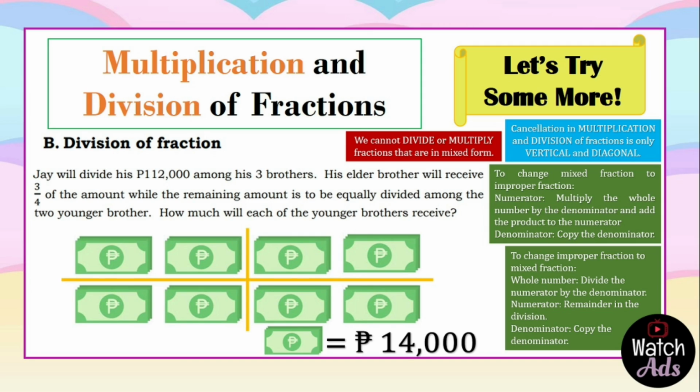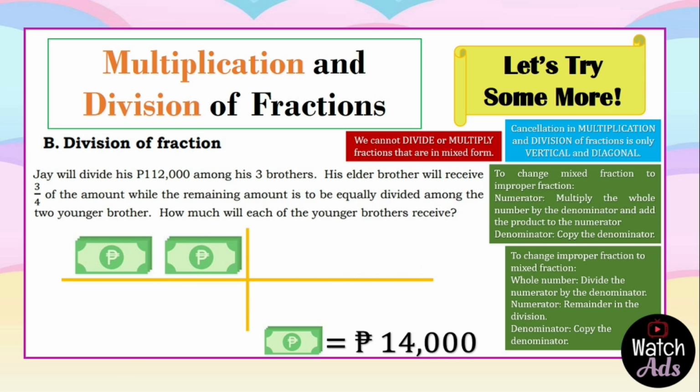3/4. 3 parts out of 4. Now I divided the 8 bills into 4. So 3/4 is also 6/8. So we give 6/8 or 3/4 to the elder brother. We are left with only 1/4 because 3/4 and 1/4 is equal to 1 whole.